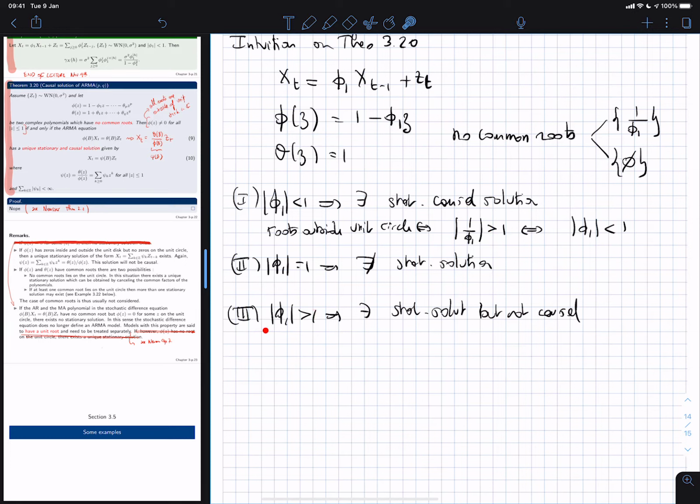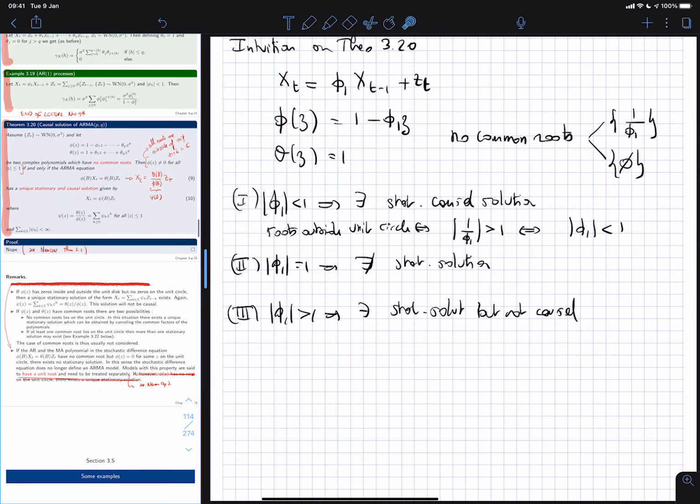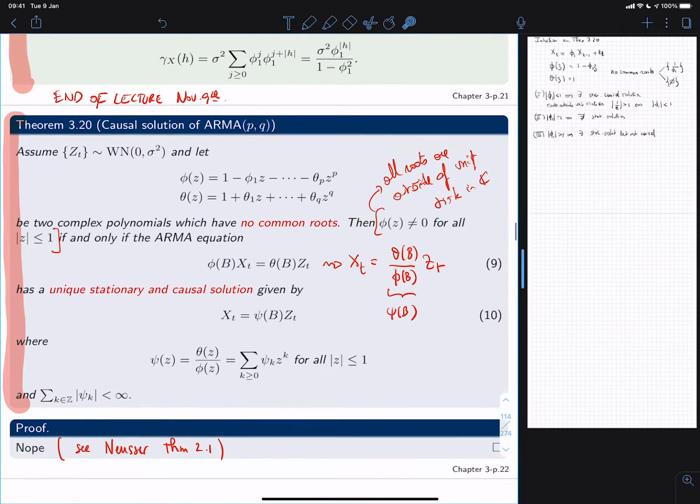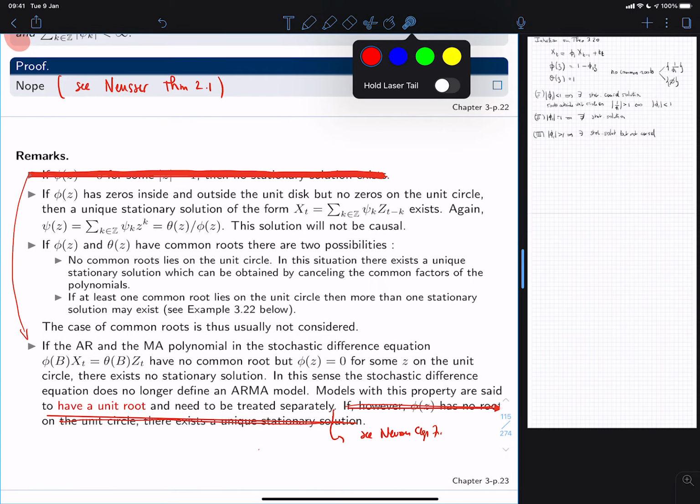And if phi1 is larger than 1, then we have a root which is inside the unit circle. Therefore, we are not in the circumstances of this theorem here. Okay? Let's move on. The third remark, so this one is covered, and now this one.